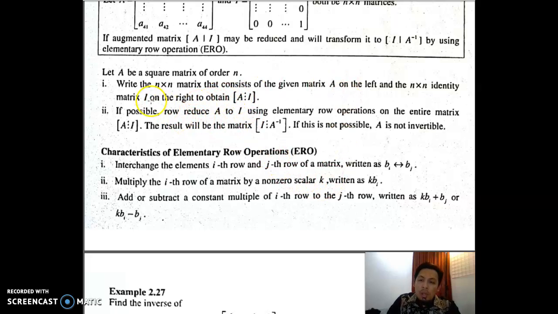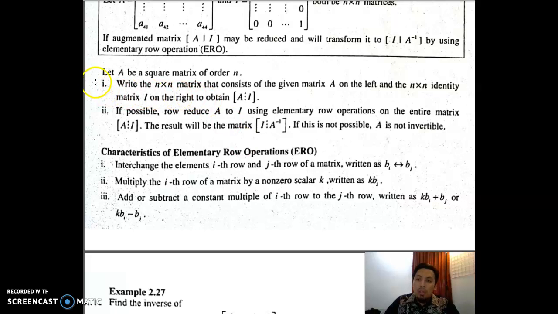The things that can be done are to interchange between rows, multiply our rows with any non-zero scalar, any constant, any number, and also add and subtract between rows. Those are the things that can be conducted in ERO.